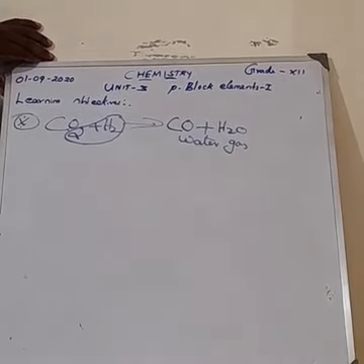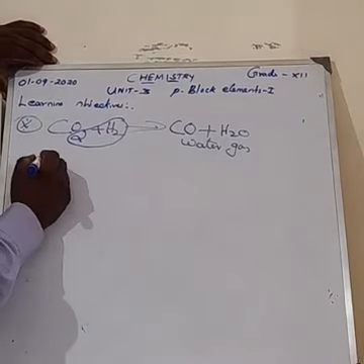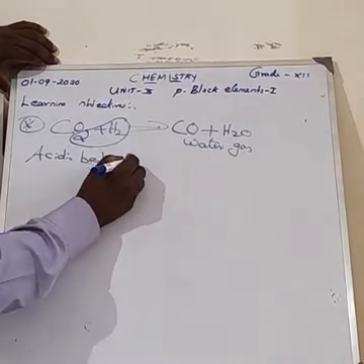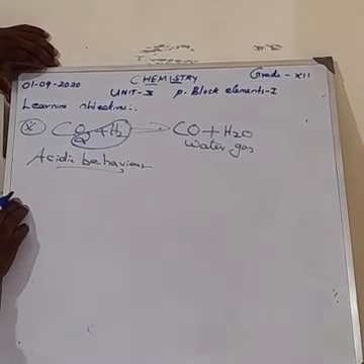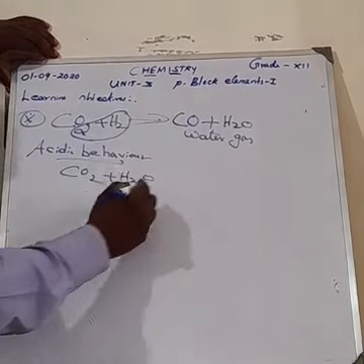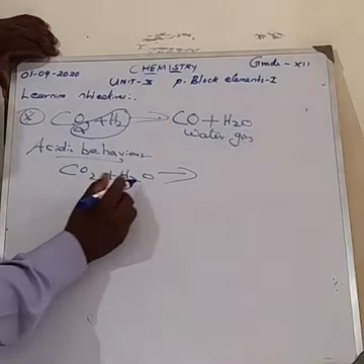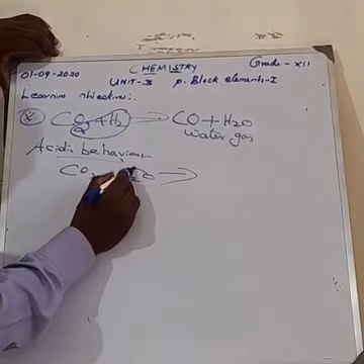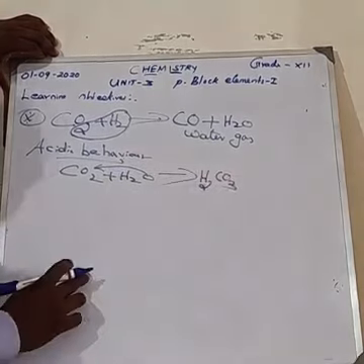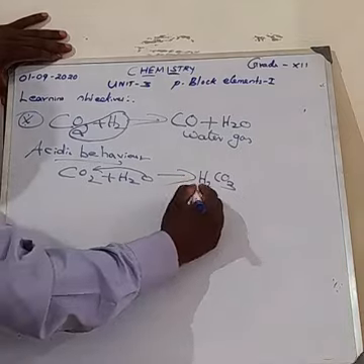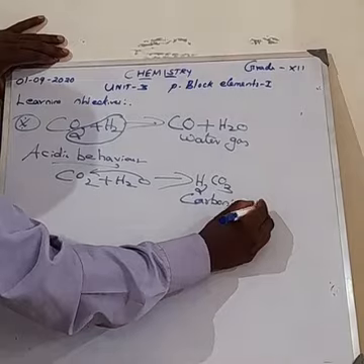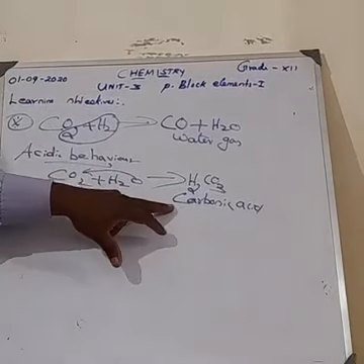Next about acidic behavior. Carbon dioxide reacts with water. Here oxygen combines to carbon dioxide to form H2CO3. What's the name of this compound? Carbonic acid, H2CO3.